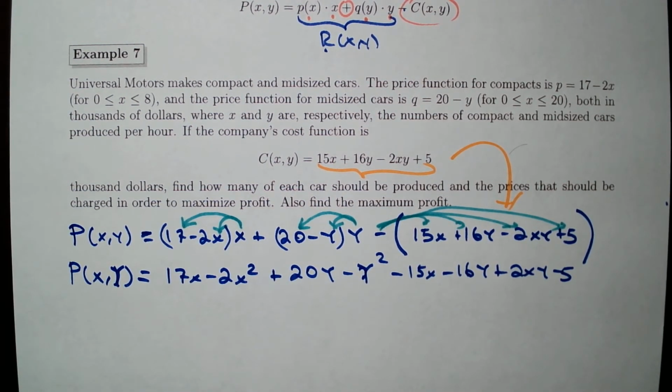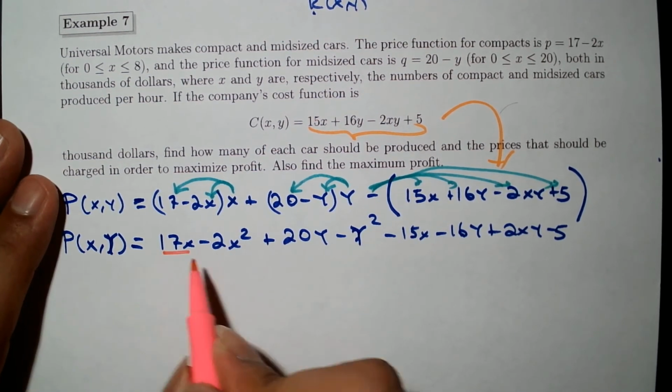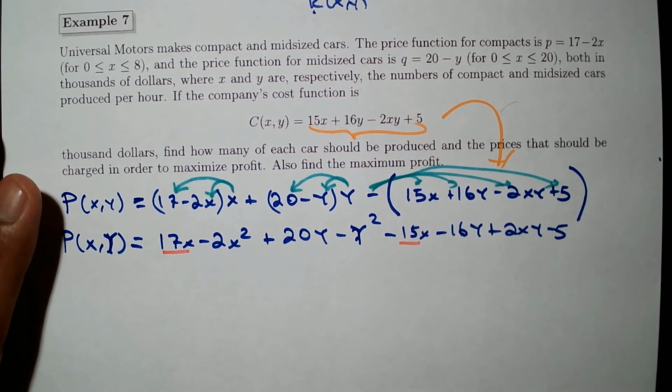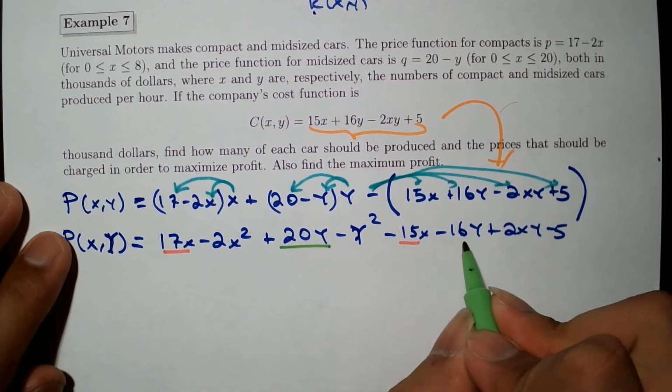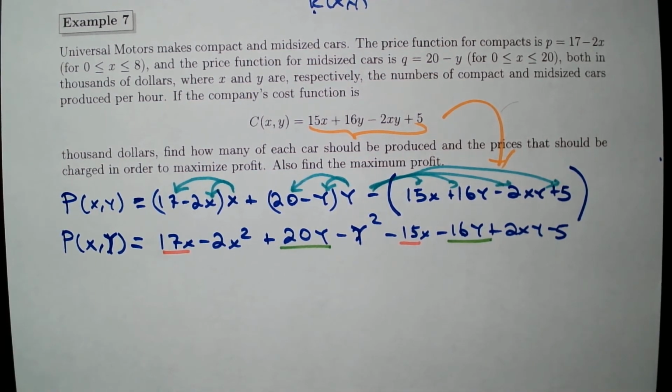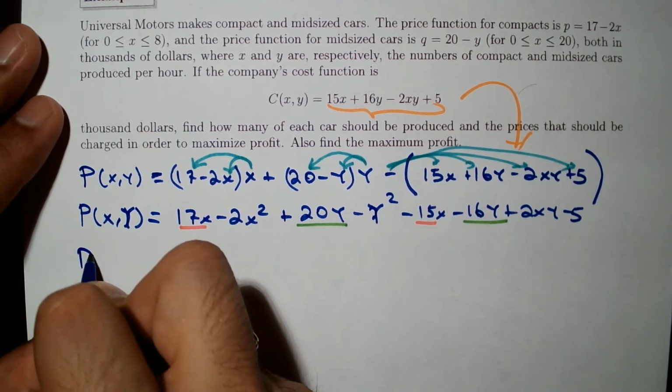We're almost there as far as simplifying this. All right. I'm going to combine like terms. The like terms that I see are these x's with these x's, and these y's with these y's. So those are the only like terms. So let's go ahead and simplify them.